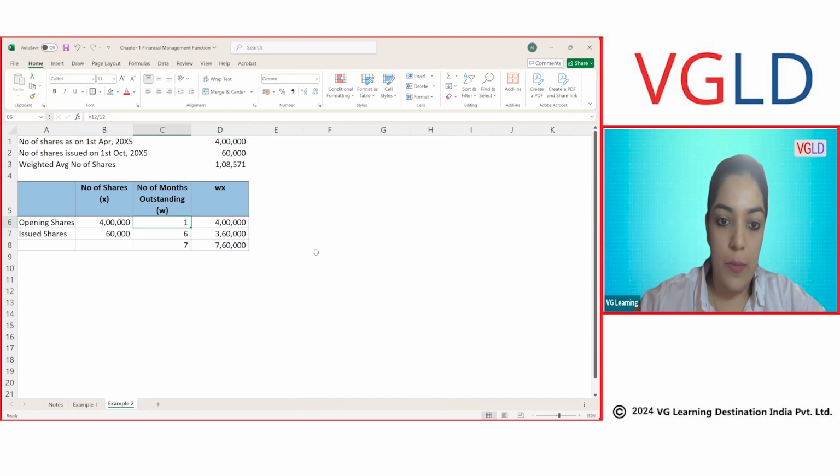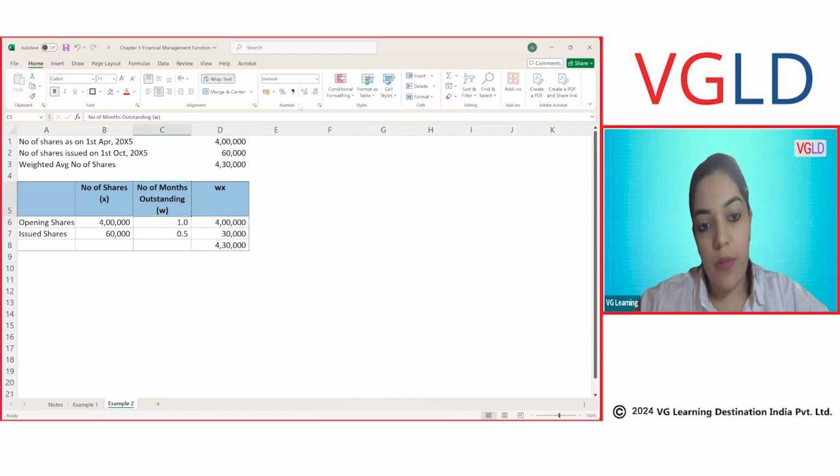So this is 1, whereas this is active for just 6 months, right? So 6 by 12. So the weighted number of shares is 4,30,000.